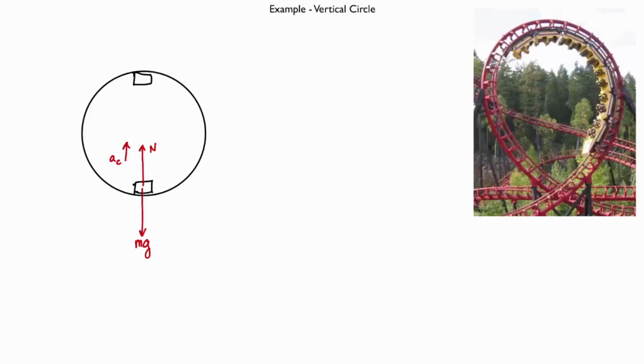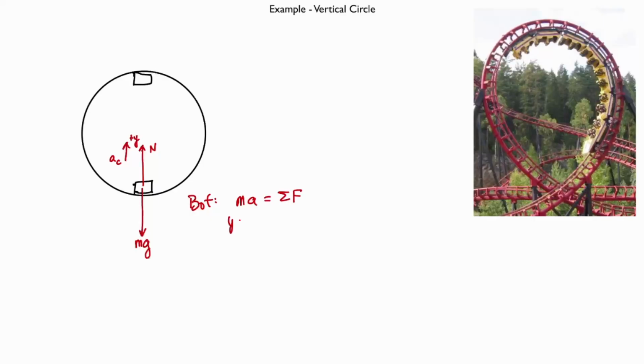that I want to make positive y be up. Okay? Do I need to define positive x? Are there any horizontal forces? There aren't any, so you could do it if you want, but it's not going to help us. Okay, so at the bottom, Newton's second law: mass times acceleration equals the sum of the forces.